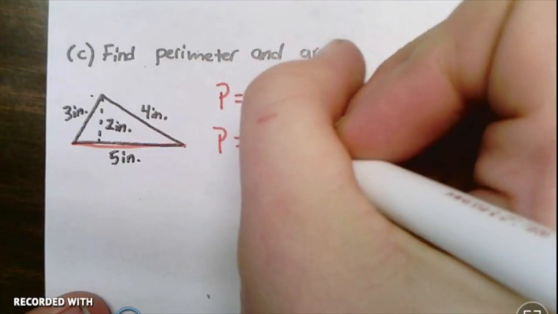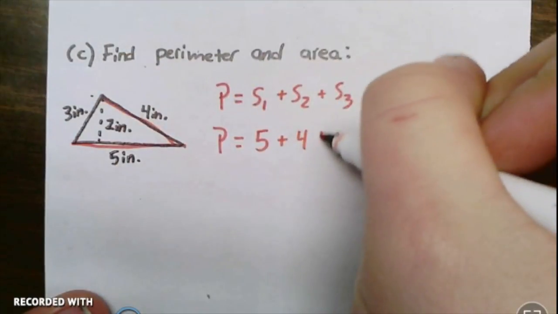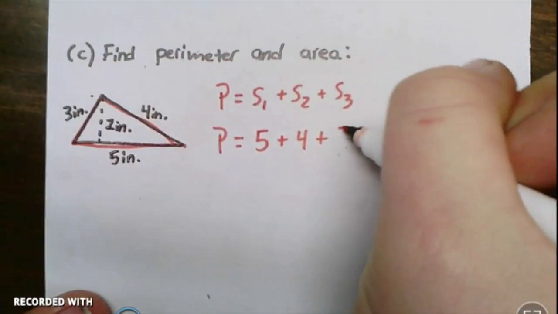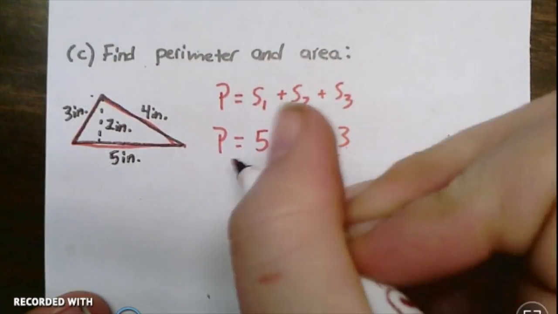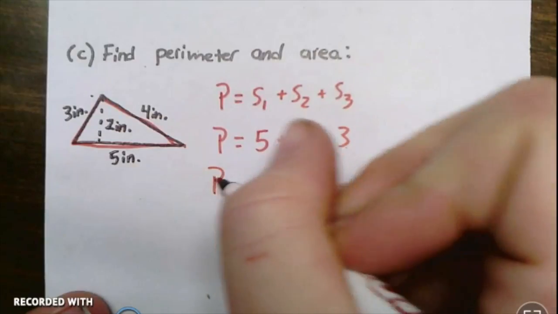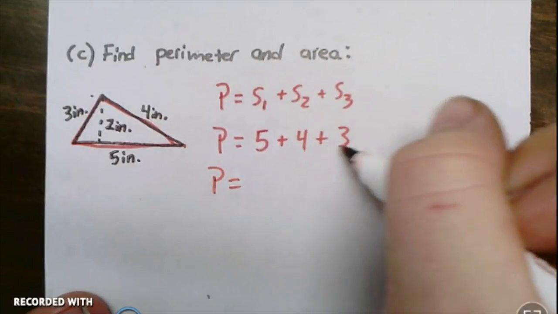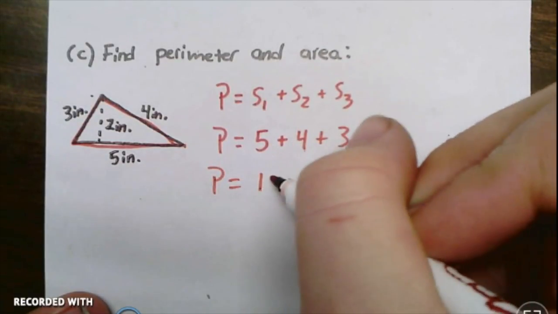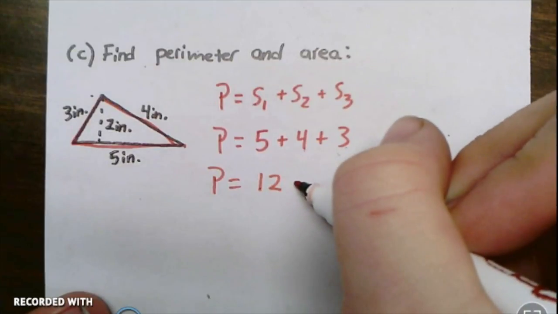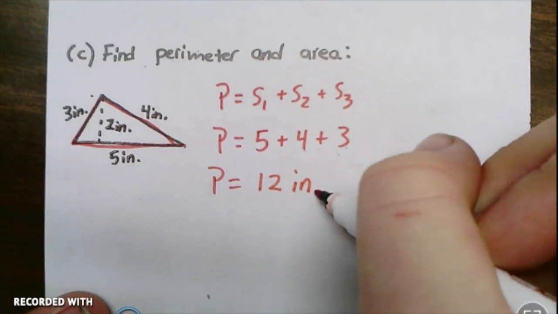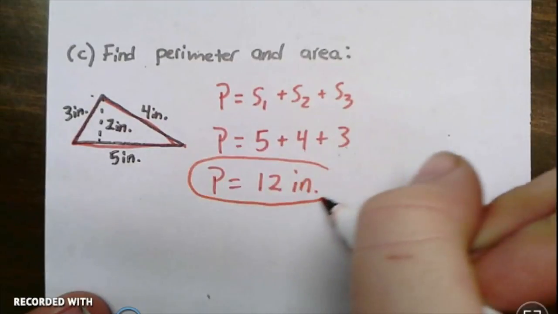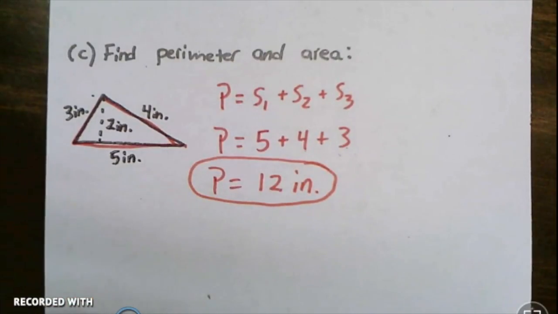Side 1, 5, plus side 2, which is 4, plus side 3, which is 3. I'm going to add all those numbers together, and I get 9 plus 3 is 12. And then my label is inches, and because it's perimeter, it is not squared or cubed. So my answer is the perimeter is 12 inches.